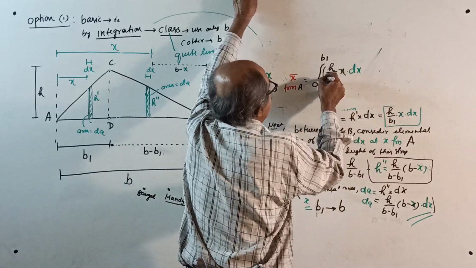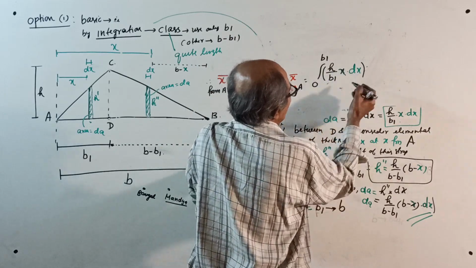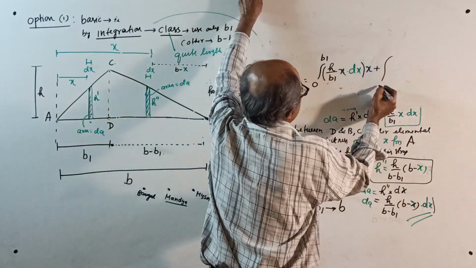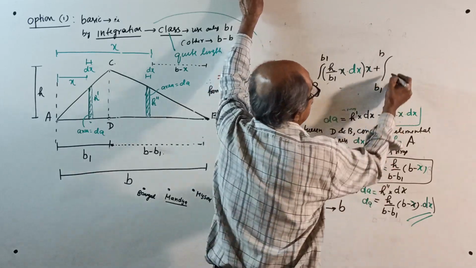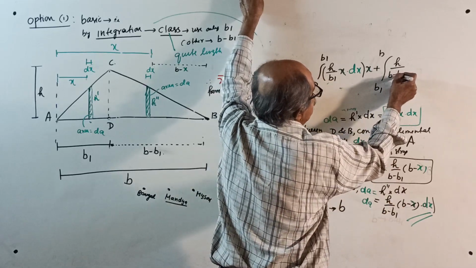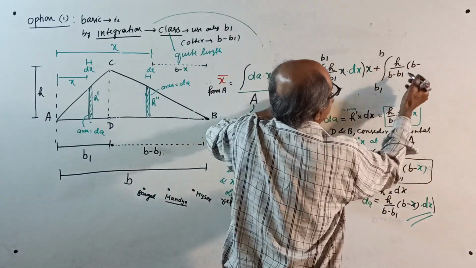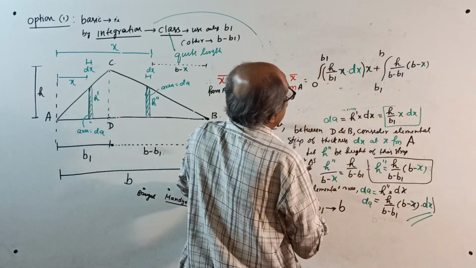This is dA, dA into x, into x, okay, plus integration B1 to B of the second area, H by B minus B1, into B minus x, B minus x into dx.